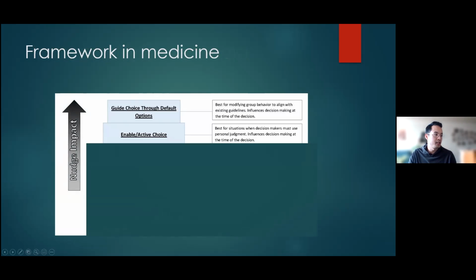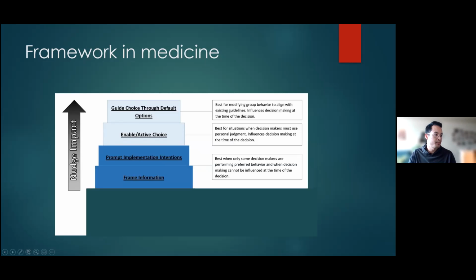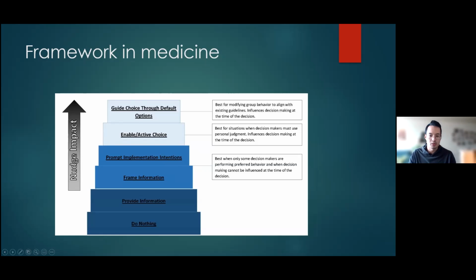Next would be enabling or active choice, having them make a decision based on something you say. Prompt implementation intentions is a little confusing, but it's basically reminders to do something. And then the way we frame it, giving info or doing nothing.